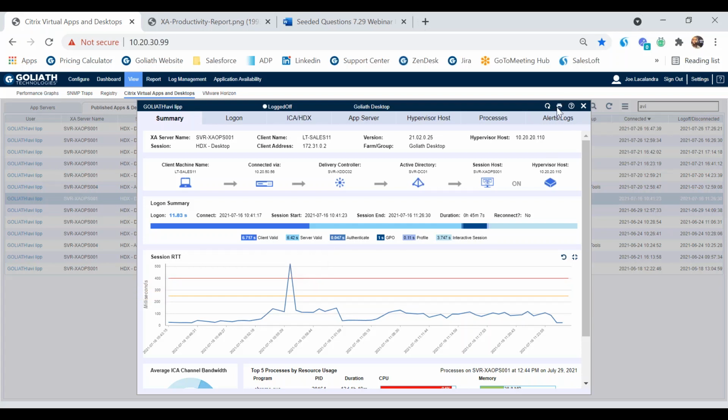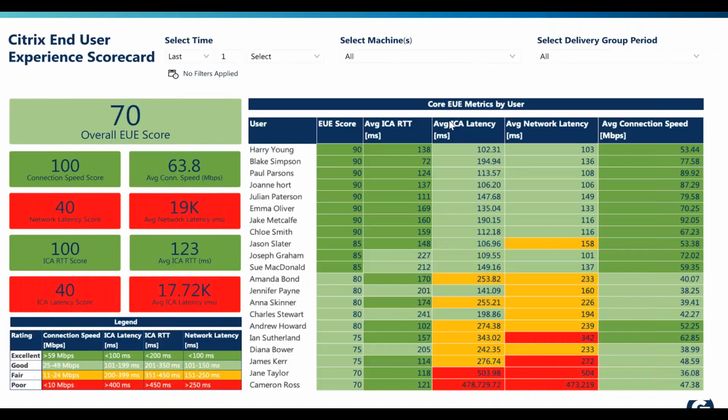That's a really big point, Joe, because it's not only troubleshooting an issue in the past, like you just said, but even earlier when you were referring to the end user scorecard, that then enables you, if you don't mind pulling that up quickly, again, that also means you have the ability to report on this in a detailed way, not just so you can say what the user experience is, but why it's that way.